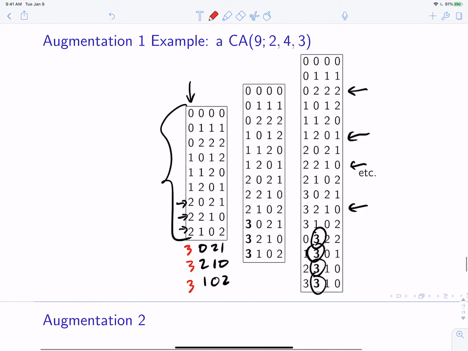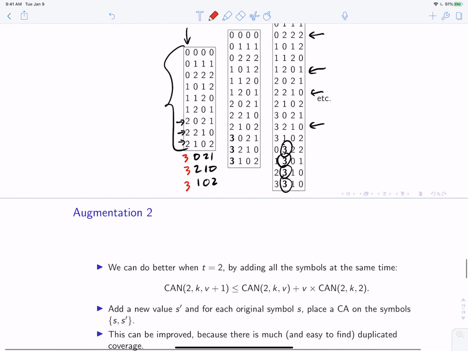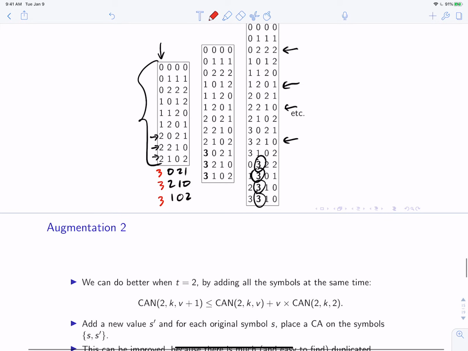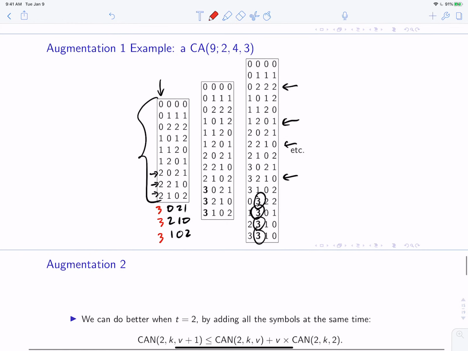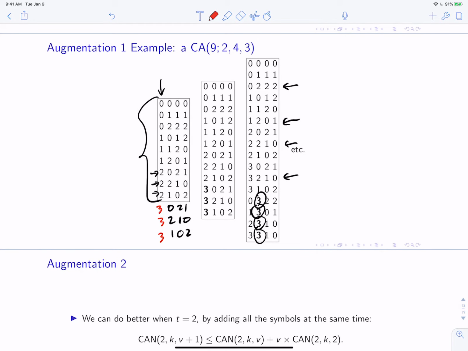So an interesting project idea, I think it's on the project idea doc, is that if we choose a different order in which to process the columns, we might get better results. It's not necessarily the case that picking the first column, second, third, and fourth will always be the best you can do with this method, because we're adding rows after each of the columns are processed.